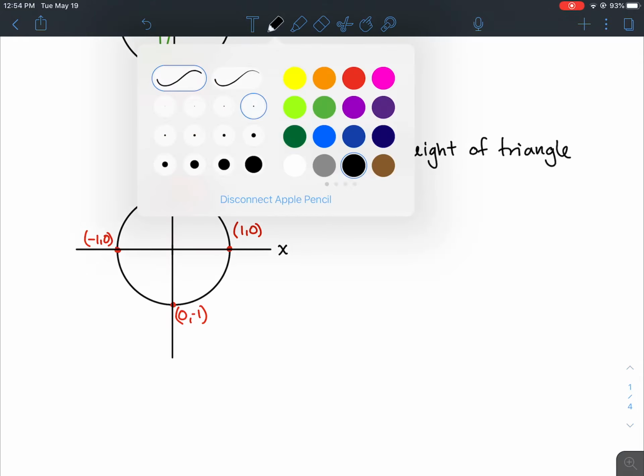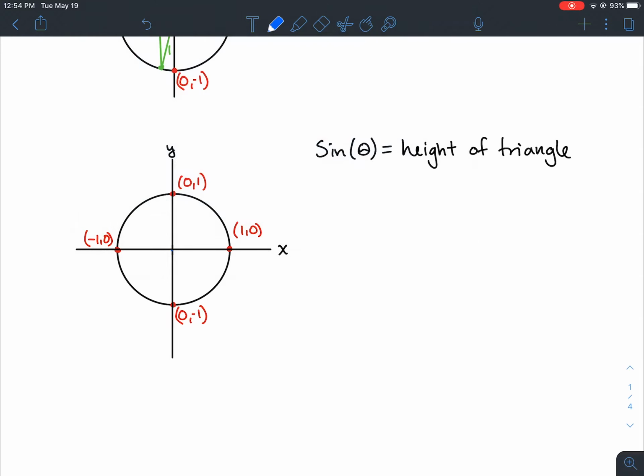So when we have something like that triangle there, we are measuring this length of it. That's what we're looking for when we're looking at sine. We're looking at the height of that triangle.